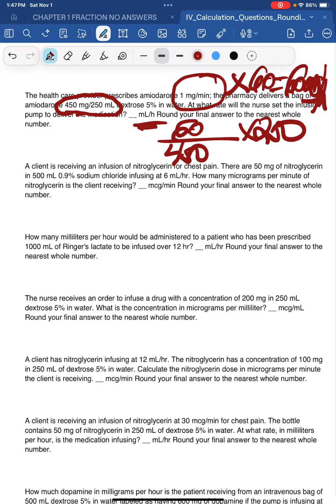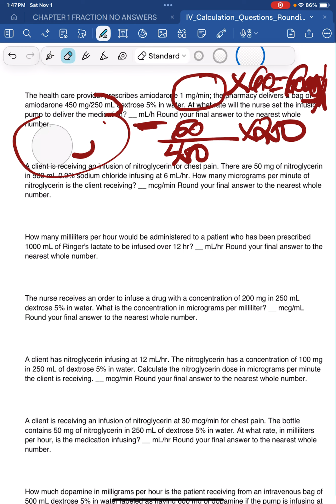Or you can do 60 times 250 divided by 450. So let's go down there. You got 60 multiplied by 250 divided by 450, which is your available. You have 33.333, but because they say a whole number, it will be 33. Make sense? Next question.